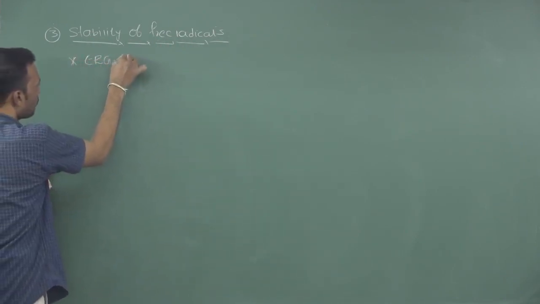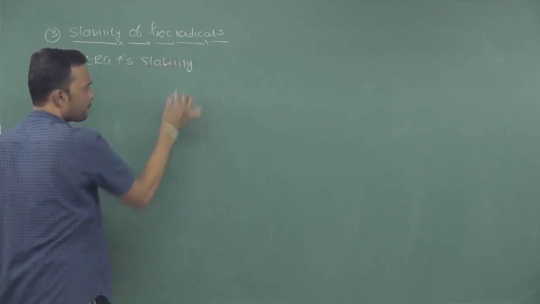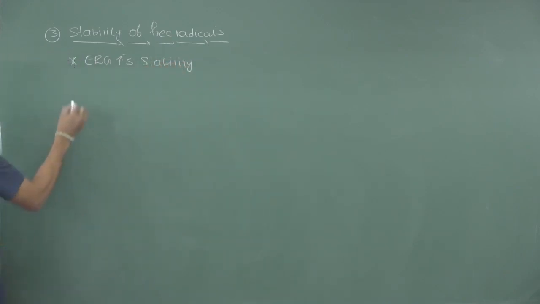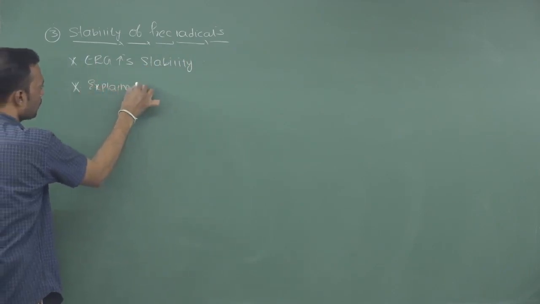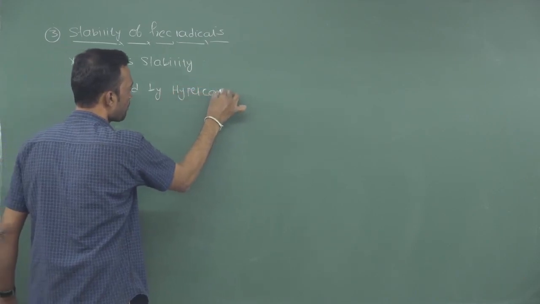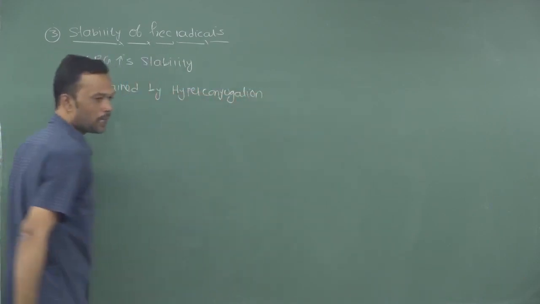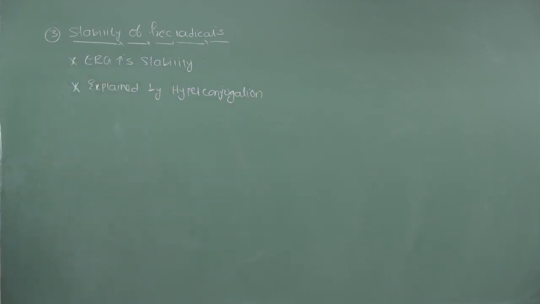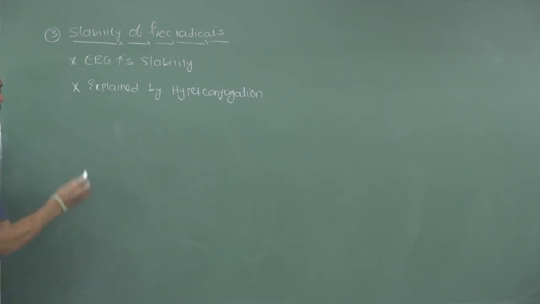So electron releasing groups increase the stability of a free radical. Free radical stability is completely explained by hyperconjugation. Hyperconjugation is the best method to explain the stability of a free radical.